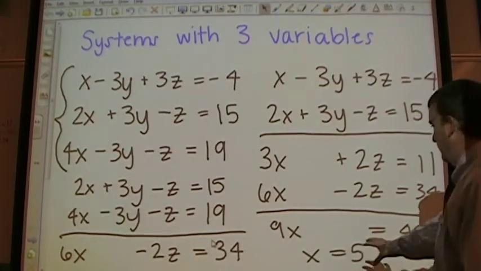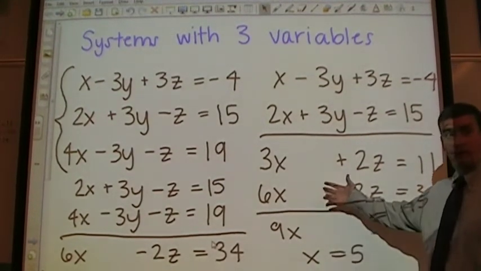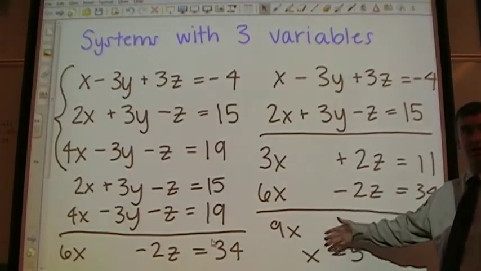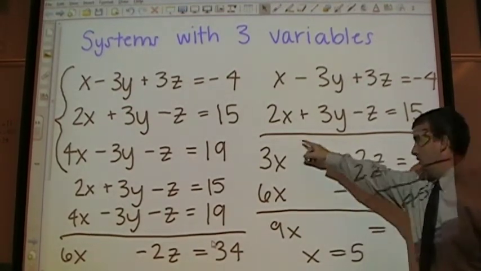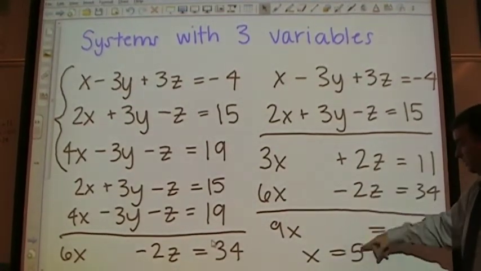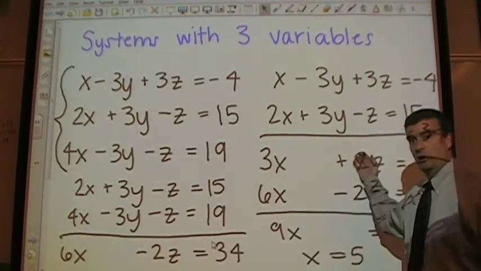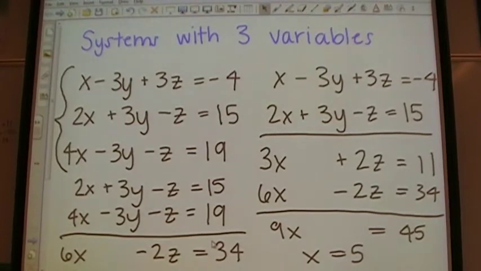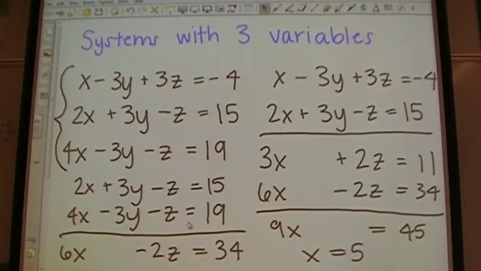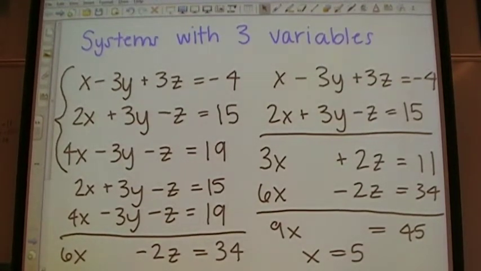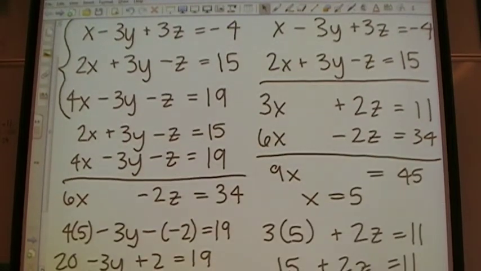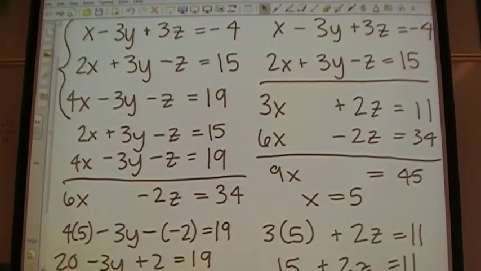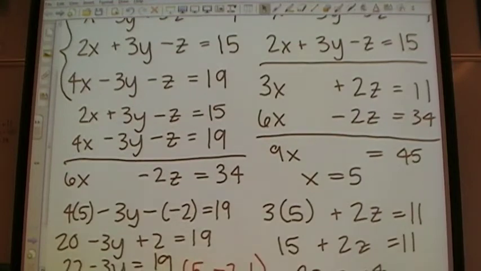Because once I get x to be 5, what can I find out next? What's the easiest to find out? z. Because of here, I can plug 5 into one of these two and solve for z. Let's see where I plugged it in. I plugged it into the 3, right underneath.